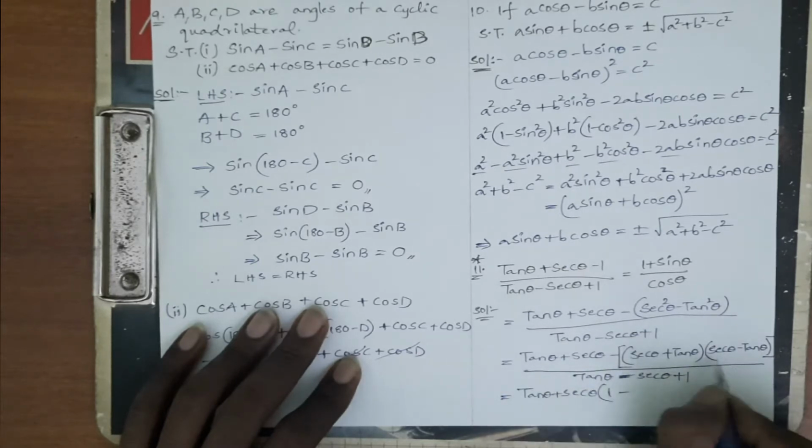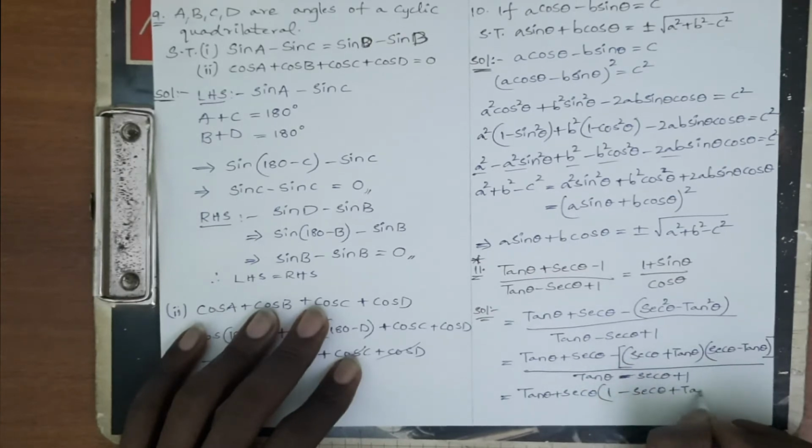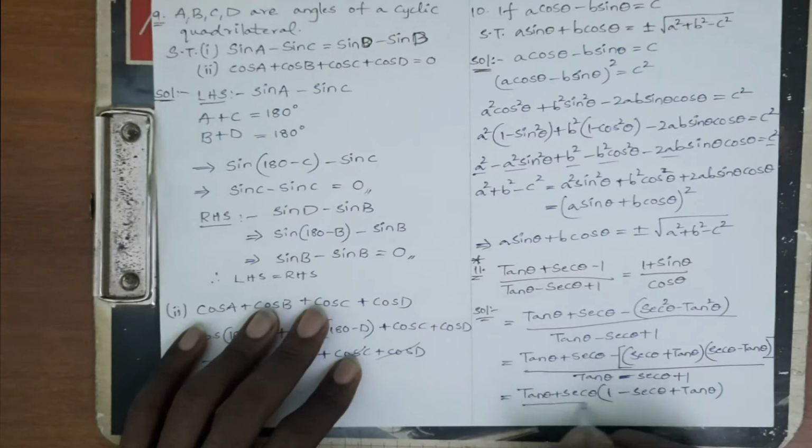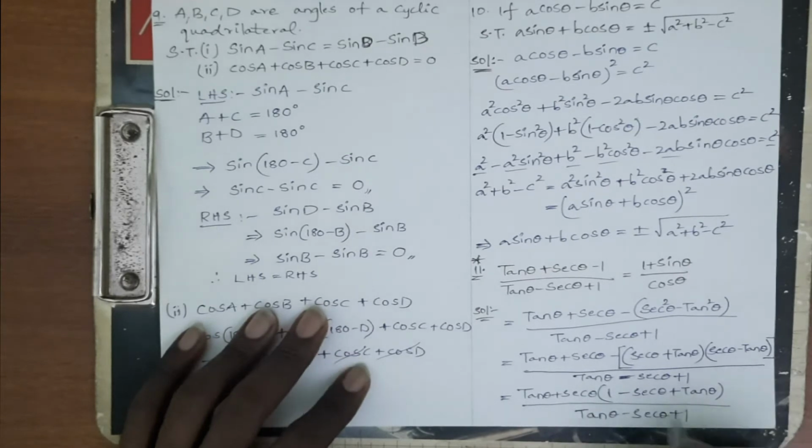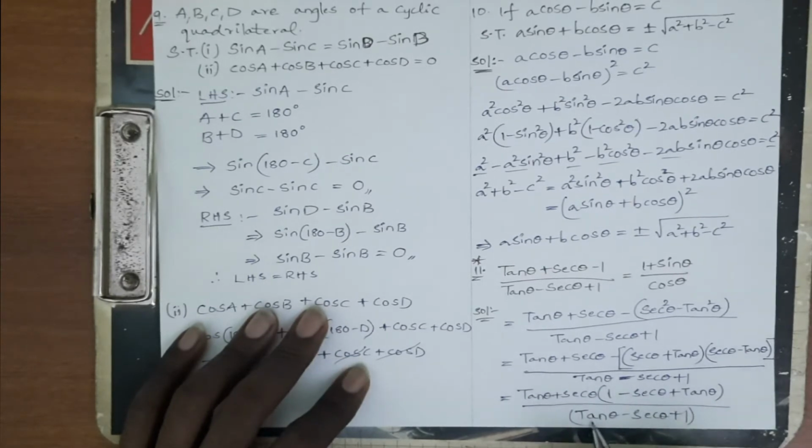So 1 minus secant theta, minus of minus plus tan theta. So that becomes tan theta minus secant theta plus 1. If you observe, both are the same, tan theta minus secant theta plus 1. So these both terms get cancelled, and we remain with tan theta plus secant theta.